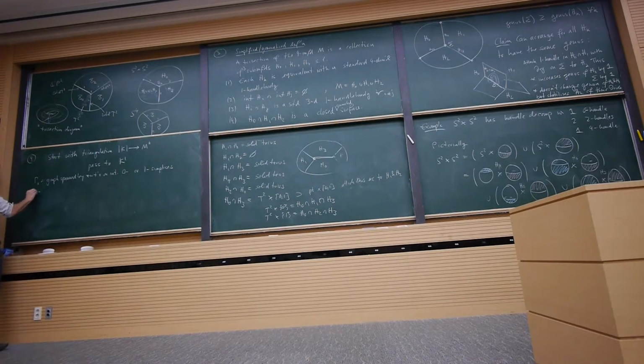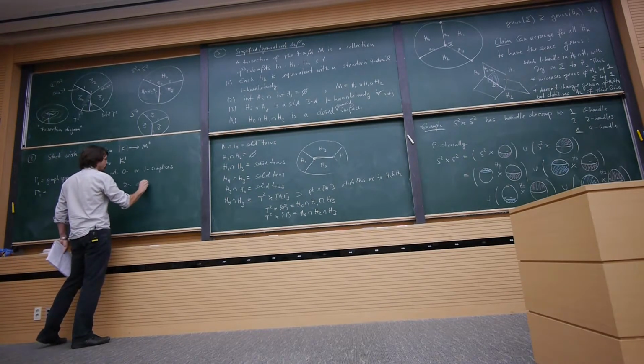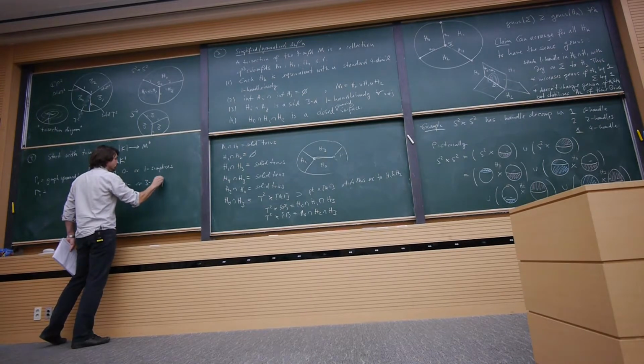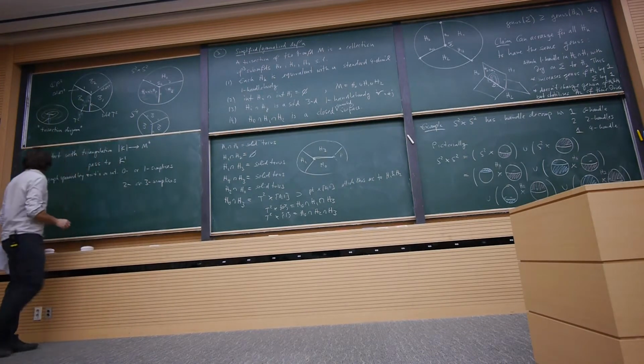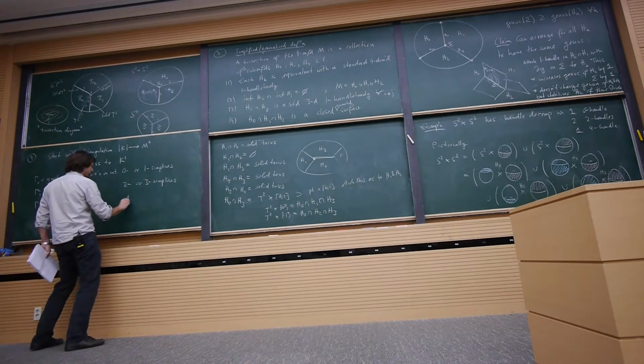Then gamma 1 is the graph spanned by vertices on the interior of 2 or 3 simplices. And gamma 2 is the graph spanned by, well, we just have 4 simplices left.